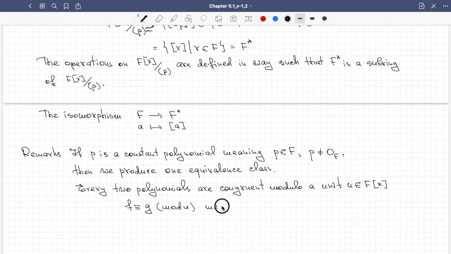It means U divides their difference, which means their difference can be written as U times some other polynomial h.